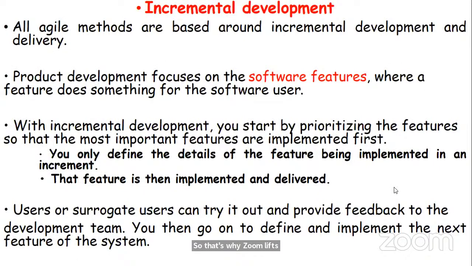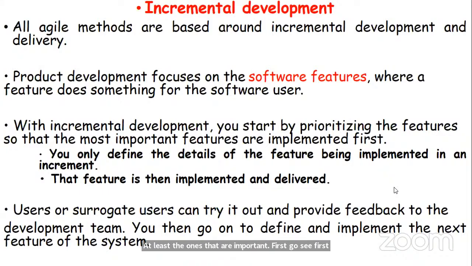So, incremental development. All agile methods are based around incremental development and delivery. Product development focuses on the software features, where a feature does something for the software user. With increments, you start by prioritizing features. This is the bucket list: the ones that are important go in first, so that the most important features are implemented first.